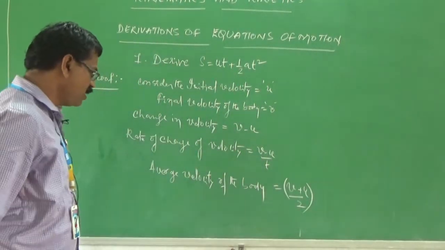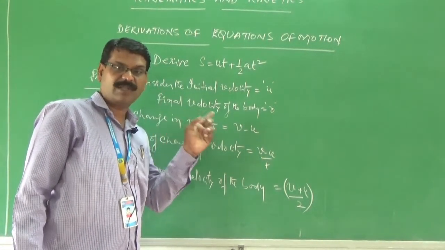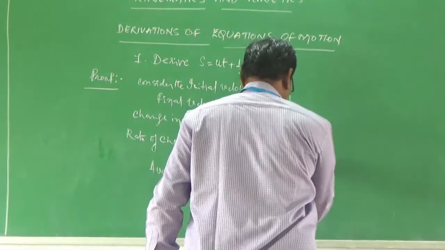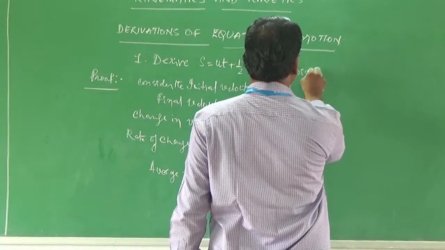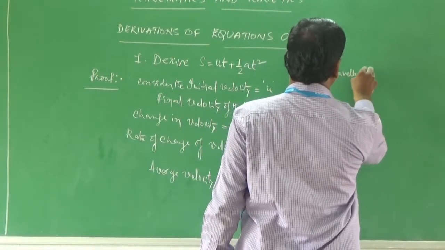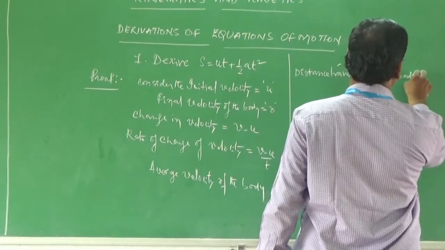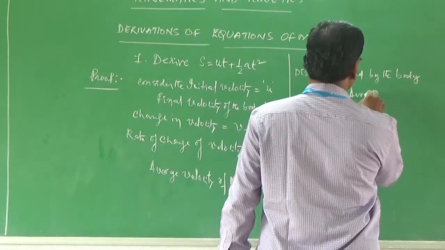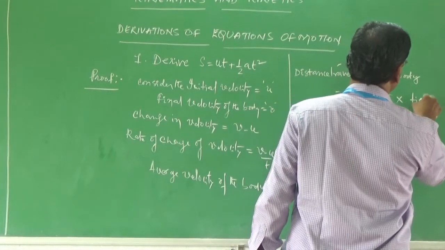Now we have a standard formula: distance traveled by the body is equal to average velocity into time.